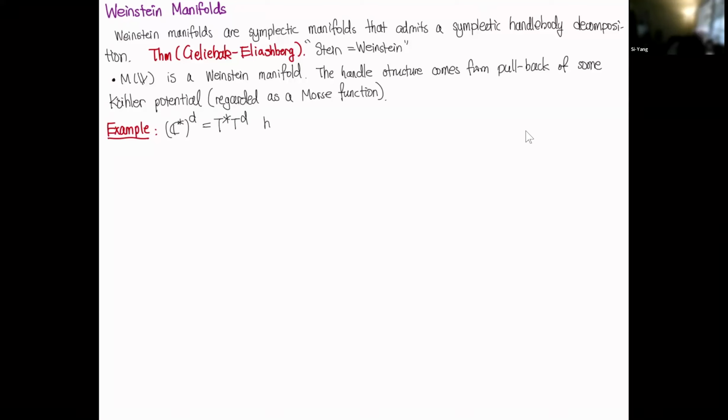And in this case, it has a symplectic handle structure which exactly coincides with the smooth handle structure on the zero section, coming from the lifting of smooth handle structures from the torus.